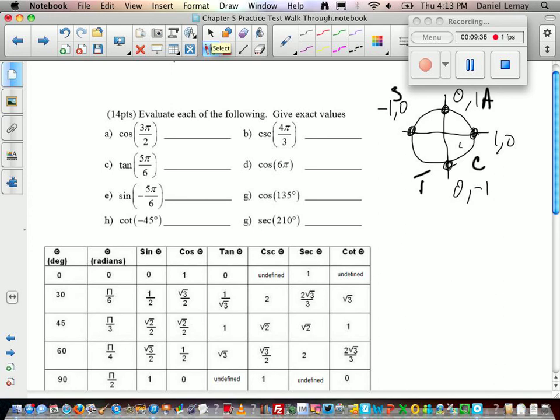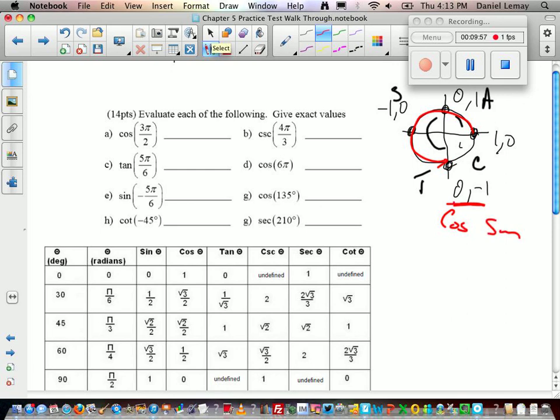Let's see. For the first one, 3 pi over 2 is the same thing as 270 degrees. So we know we're going to be looking at that point there, right? That's 270, 3 pi over 2 radians.